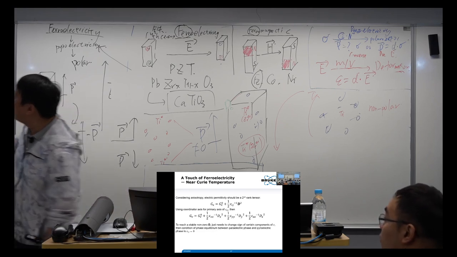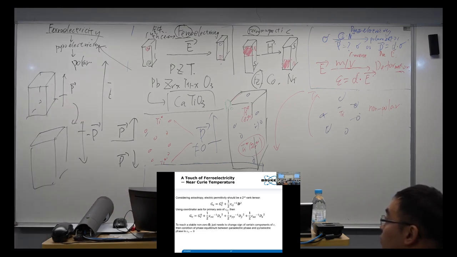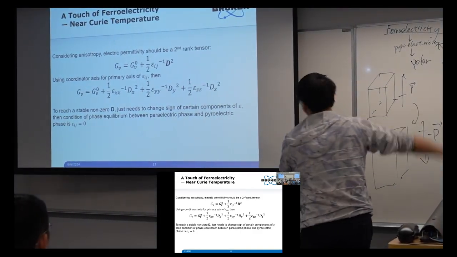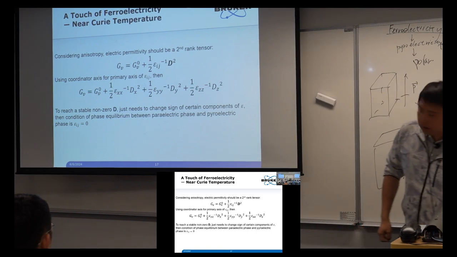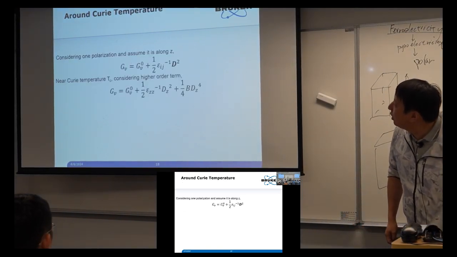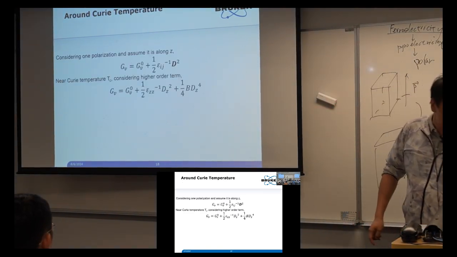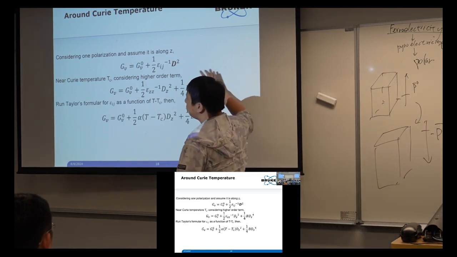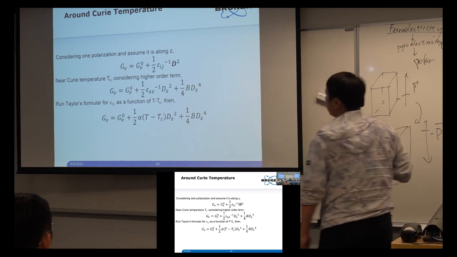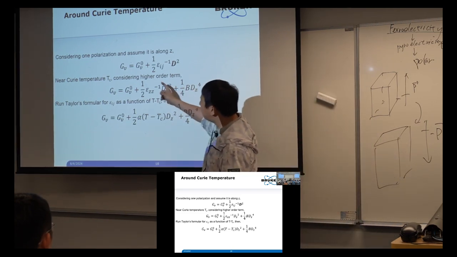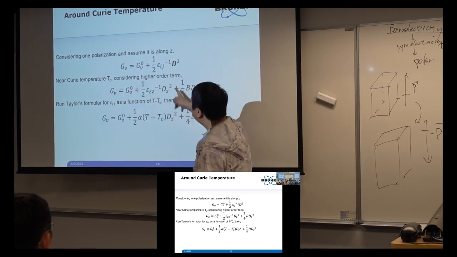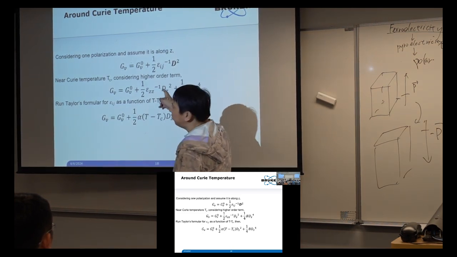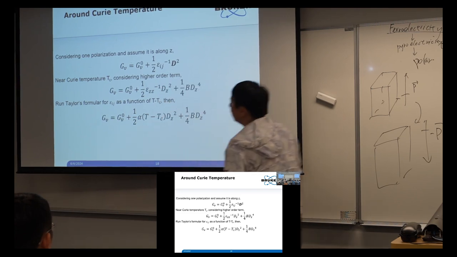if we are above the Curie temperature, we should be nonpolar. And then once we reduce it beneath the Curie temperature, we consider more. So we again do the Taylor expansion, and our Gibbs energy or our electric displacement should be related to the Curie temperature.